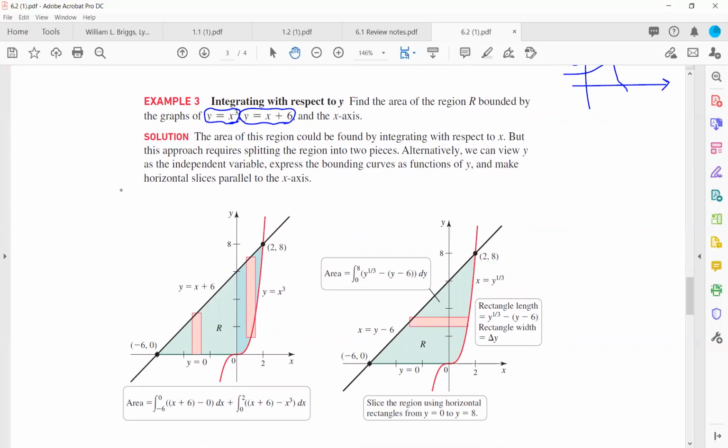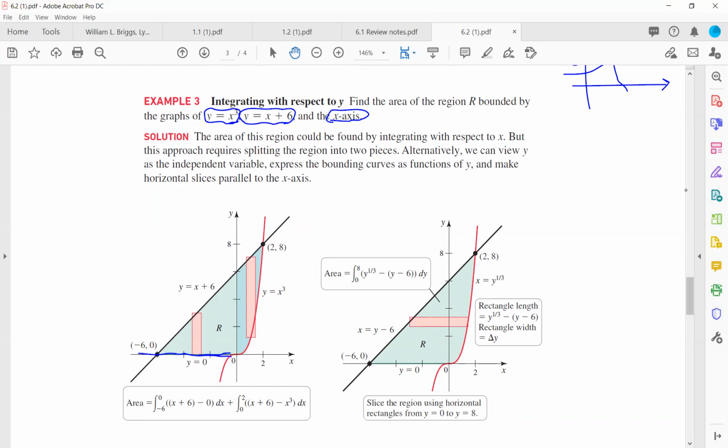Y equals x plus 6. This is just a linear function. You can graph this function using any table. This function is x cubed, a power function, and you know the behavior of this function. Perfect. It's also bounded below by the x-axis.